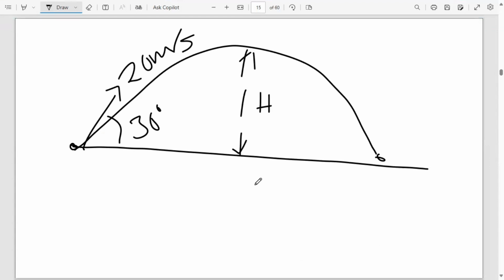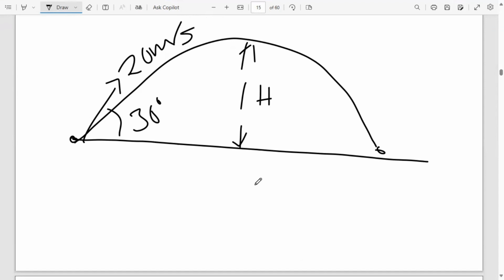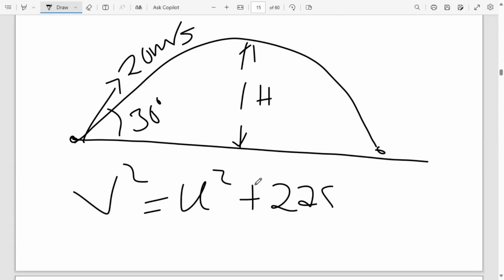h, how are we going to calculate our maximum height? Of course, this is in the y-axis. So which formula can we use here? So we can use v squared is equal to u squared plus 2as like this.